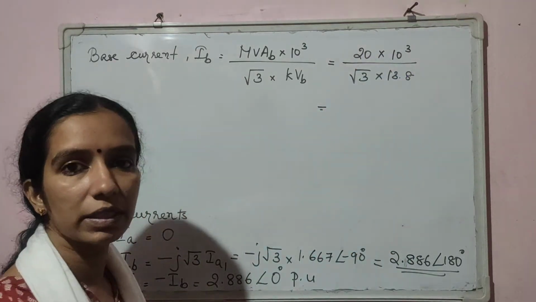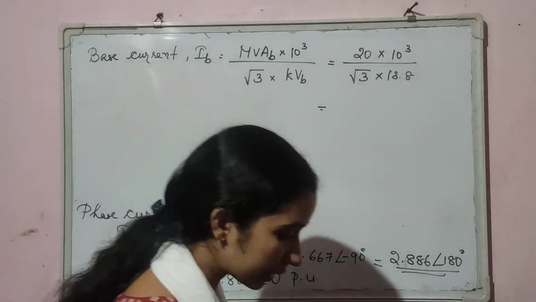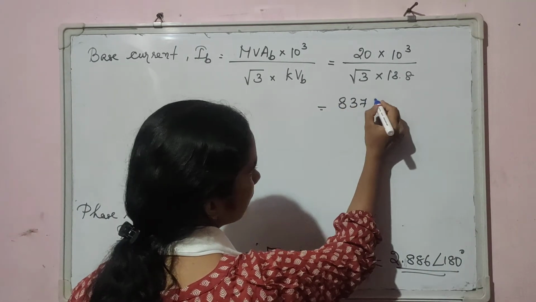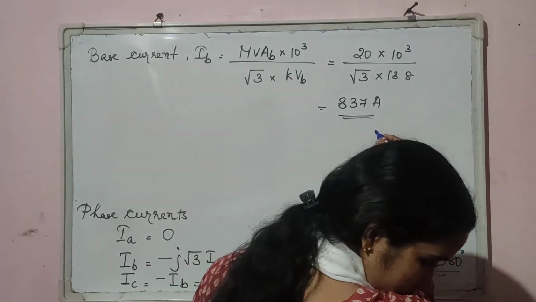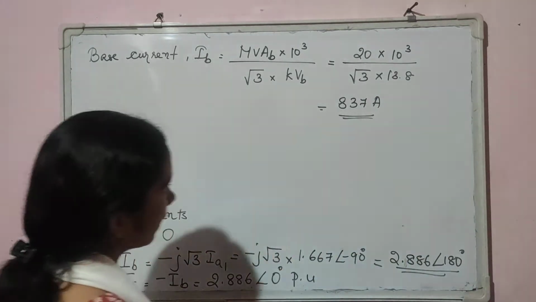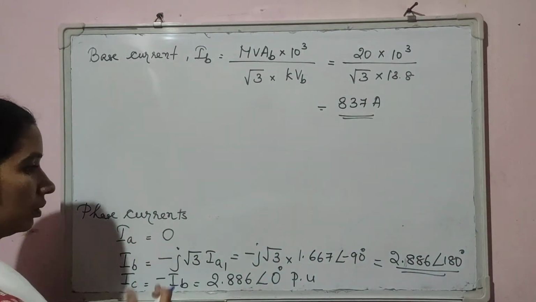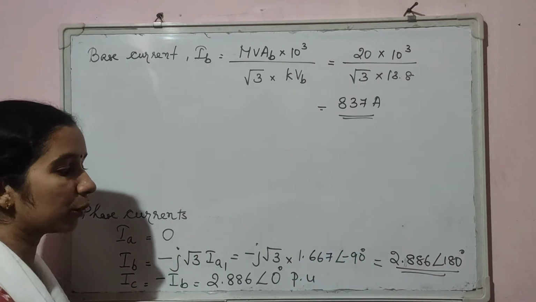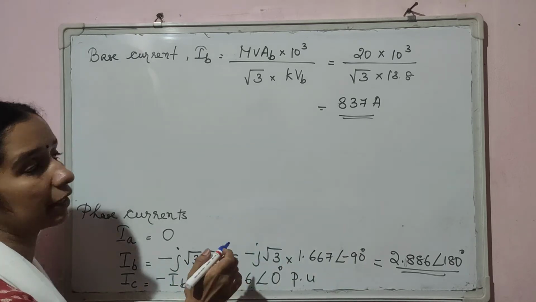Okay, solve this equation and we will get the value of base current IB as 837 amperes. Now, actual currents will be obtained by multiplying the per unit values by the base value.